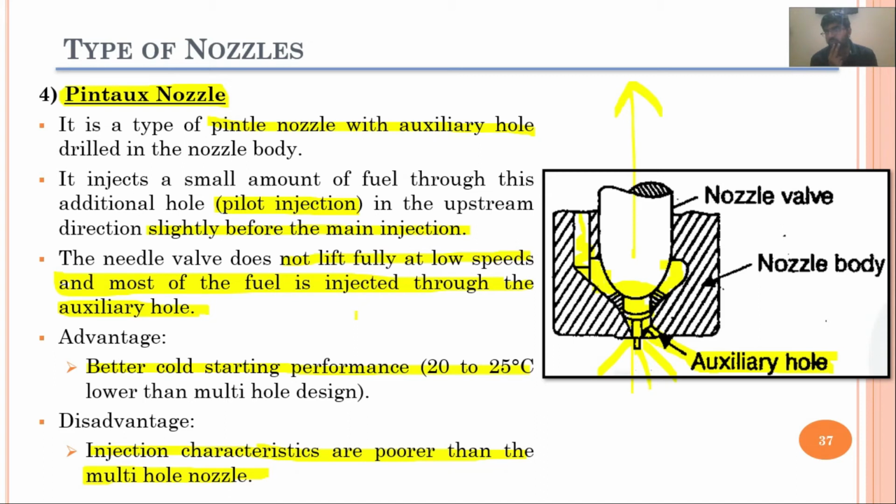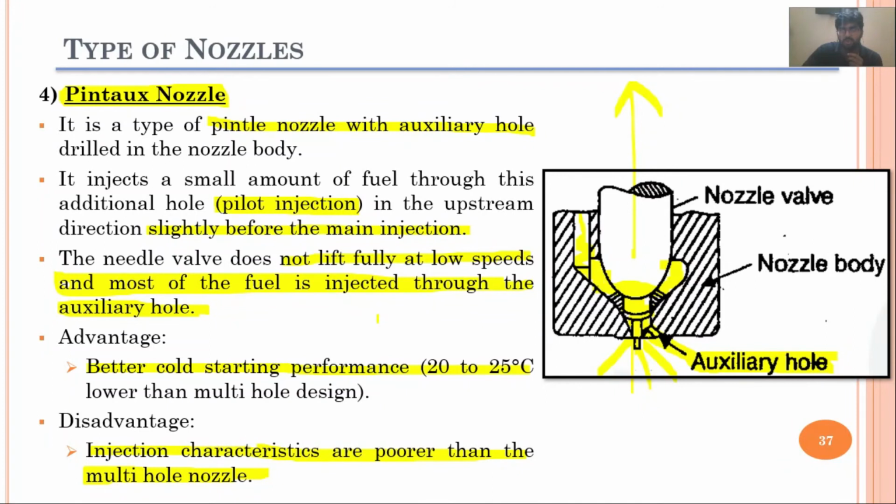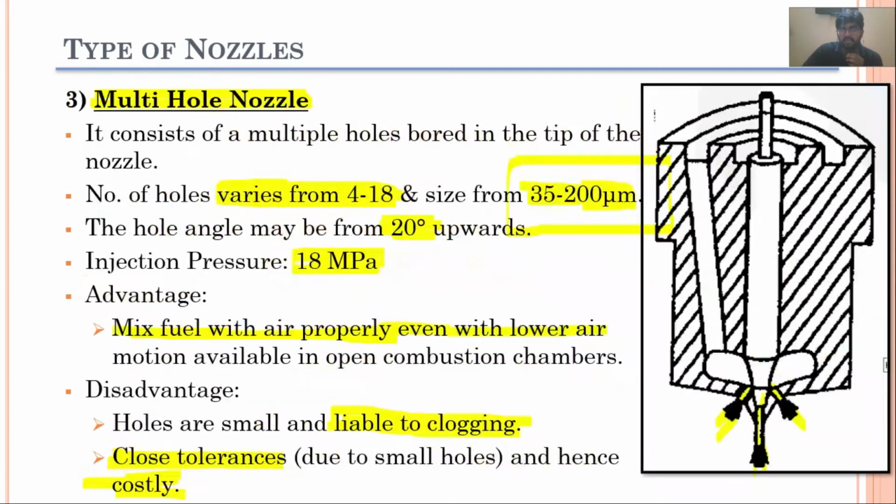So when your IC engine is operating at a place where the atmospheric temperatures are quite low, a pintle nozzle can help in starting this IC engine. But usually IC engines do not have this arrangement. The bigger IC engines usually incorporate multi-hole nozzles, and for starting at lower temperatures, they utilize a different fuel.